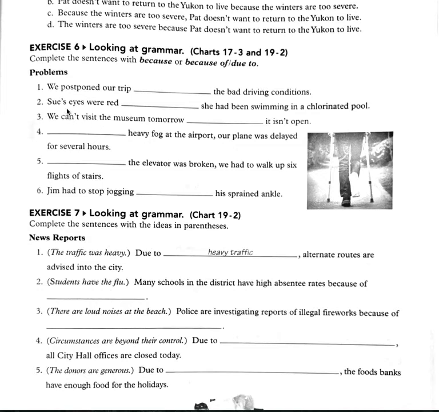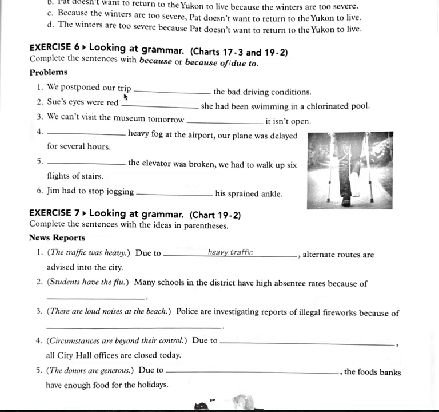Now, look at exercise 6. On exercise 6, ladies and gentlemen, we're looking at complete the sentences with because. Remember, because is followed by a subject and a verb. And because of and due to are followed by a noun object, not a subject and a verb. Okay? So look at number 1.